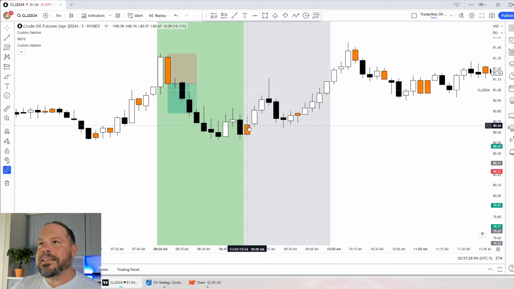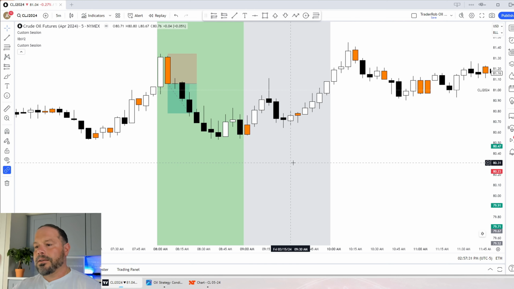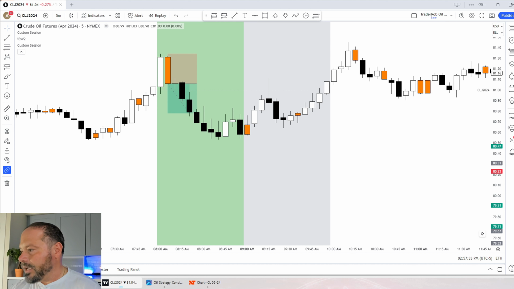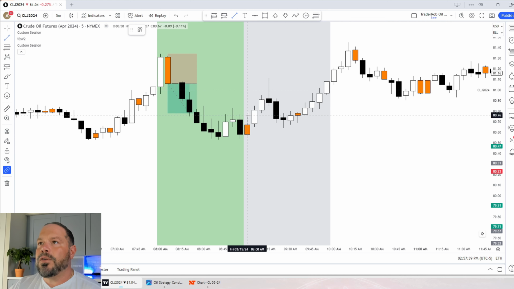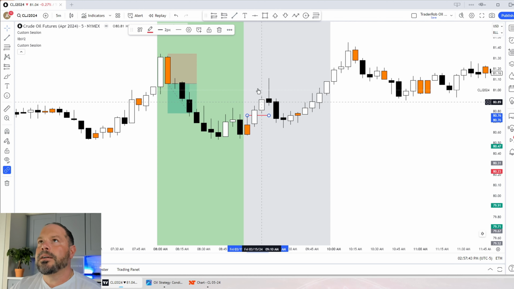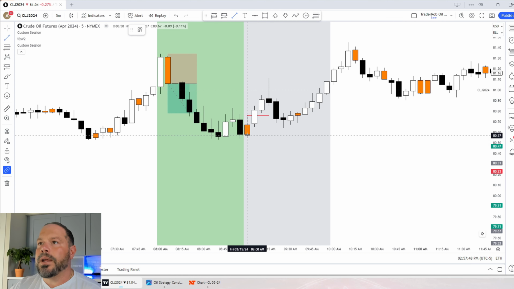So once this inside bar forms, guess what? You're in, okay? You are now into this trade. And same scenario. You would have your order to go long right here, and you would have your order to go short right here.